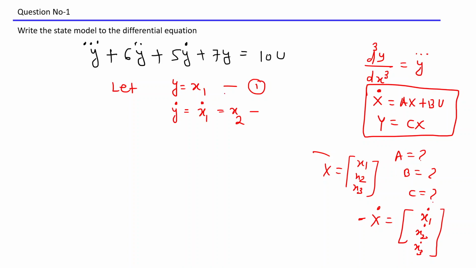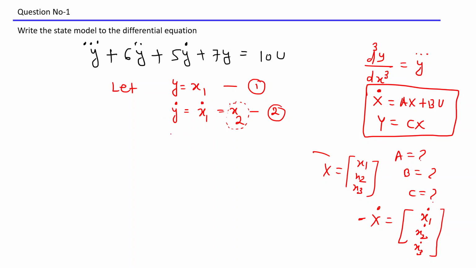Now my aim is to find out what are these x1 dot, x2 dot and x3 dot in terms of x1, x2 and x3. First, I took y equal to x1, which is equation 1. Then I take the differentiation of that, so y dot, the first derivative, equals x1 dot, which I am assuming is x2. Let this be equation number 2. Then you have to take the double derivative.